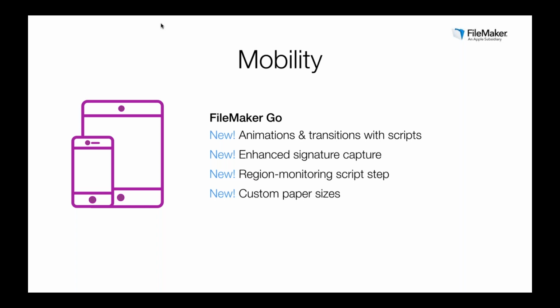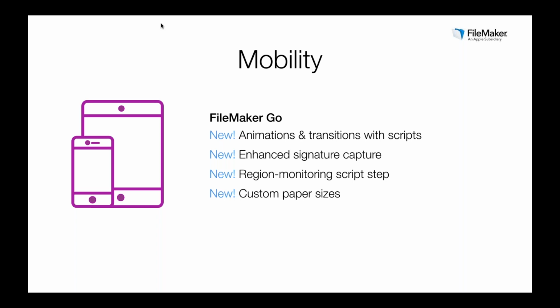So now with 16, in addition to a full screen signature capture like before, you can also display the signature capture screen as an overlay or actually embedded in a layout. So it's much more standard and integrated, as you would expect. There are a lot more ways of doing signature capture so that it feels more like an electronic signature capture app.